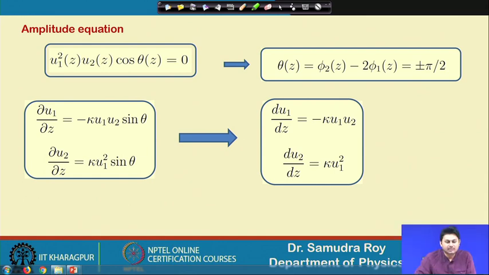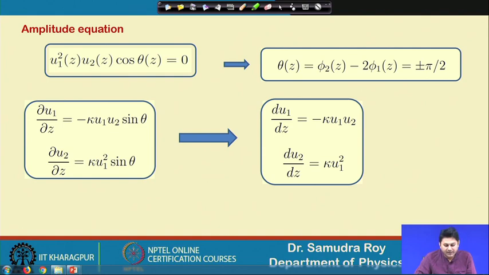This is the term that was constant. We also evaluated this constant: at z equal to 0, we know that u2 at 0 was 0. Using this, we find that this quantity u1 square u2 cos theta, this constant, is nothing but 0.